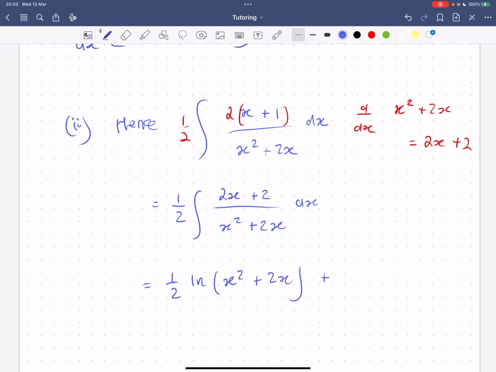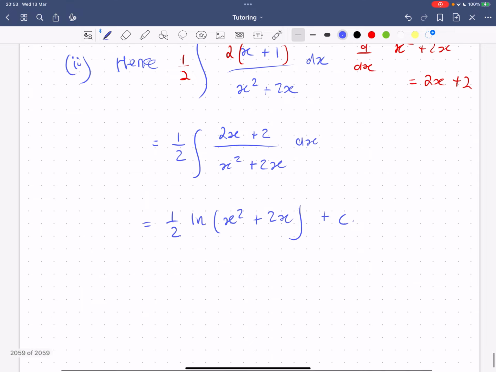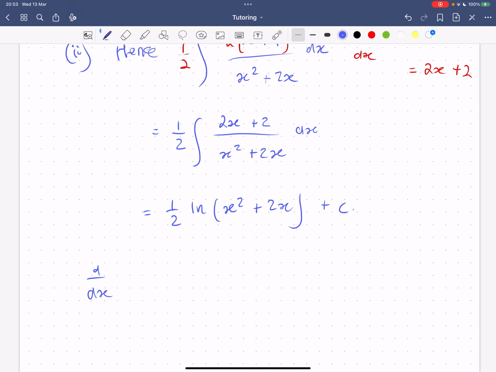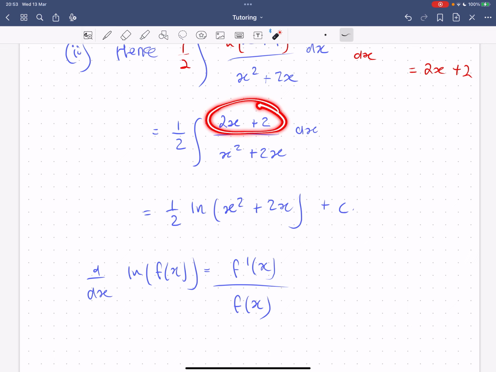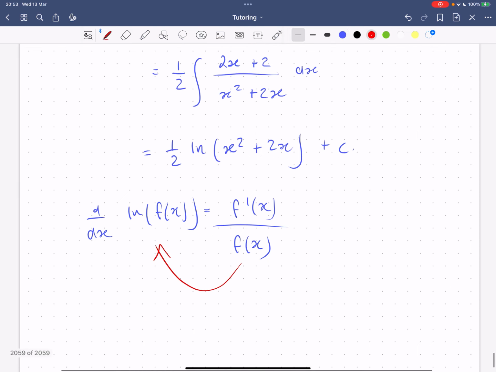The reason that's true is because if I want to differentiate ln of f of x, I get f dash of x on f of x. So if I have an integral where I've got the differentiation on top of a function, well then I can integrate it and go back to the natural logarithm, and that's why that's true.